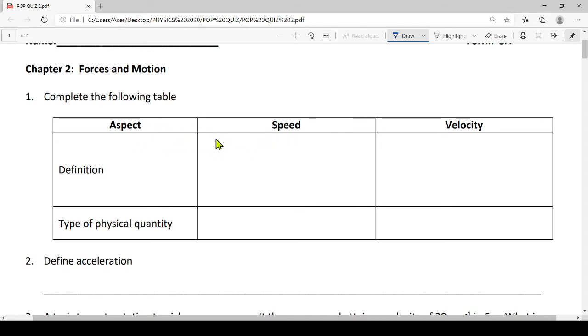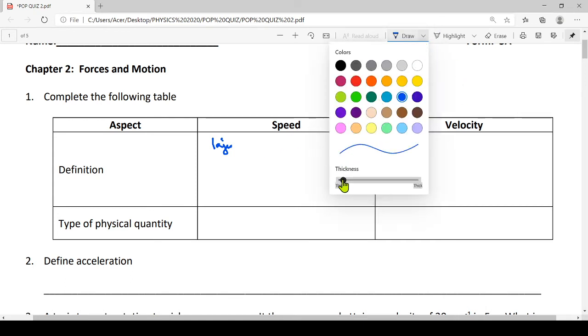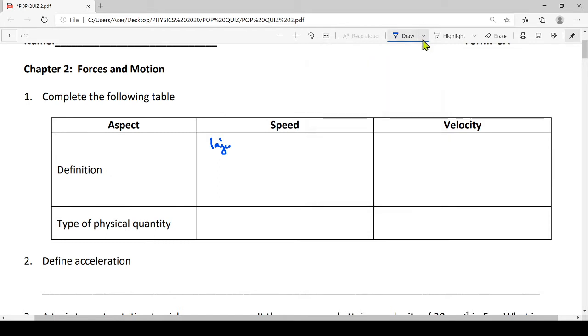Kalau kita tengok kepada rumus speed, speed ataupun laju sama dengan jarak bahagikan dengan masa. Okey, ini dalam bentuk formula. So, jadi kalau diminta definisi, jangan sekali-kali kita bagi dalam bentuk simbol lah.